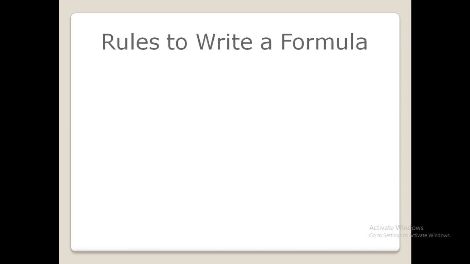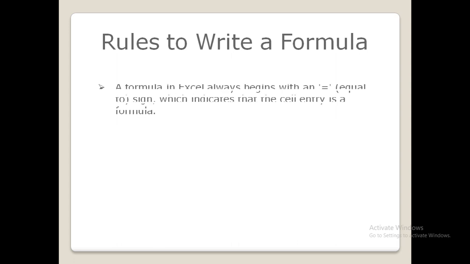Now coming to the rules: how to write a formula in MS Excel. There are certain steps to follow to write a formula. The first rule says a formula in Excel always begins with an equal to sign, which indicates that the cell entry is a formula.